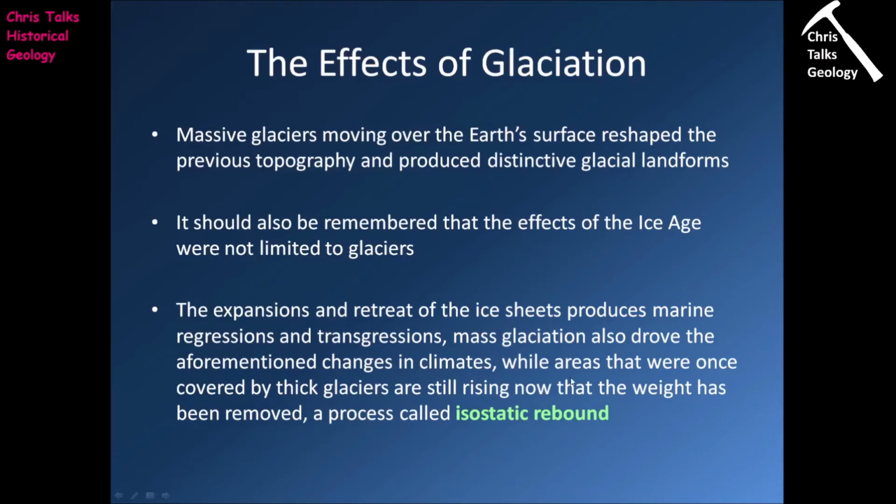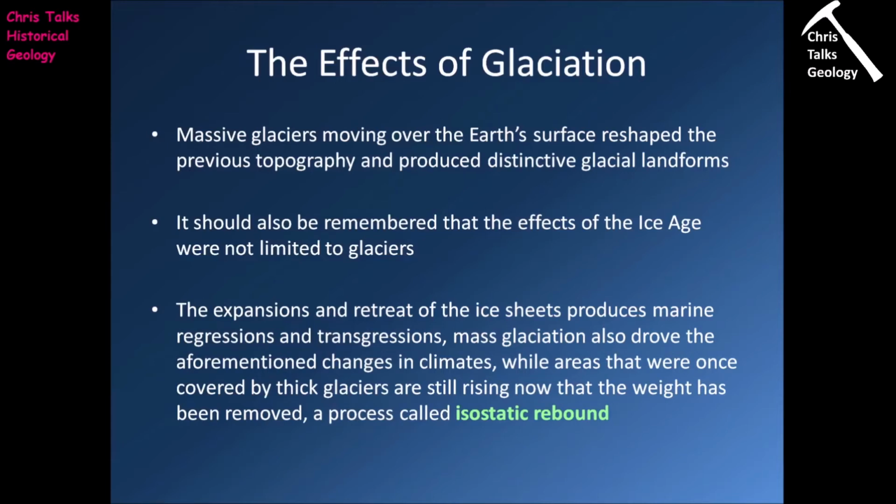And we can see that when areas were once covered by thick glaciers, this ground is actually currently rising. Now, this is due to something called isostatic rebound. So if you imagine a situation where you have a 3-kilometer thick ice sheet sitting on the continental crust, well, this 3 kilometers of ice is going to weigh a lot. And so the weight of this ice is literally going to be enough to push down the crust.